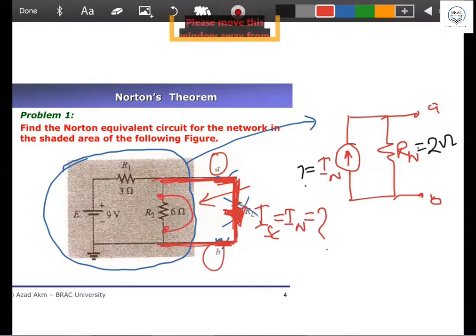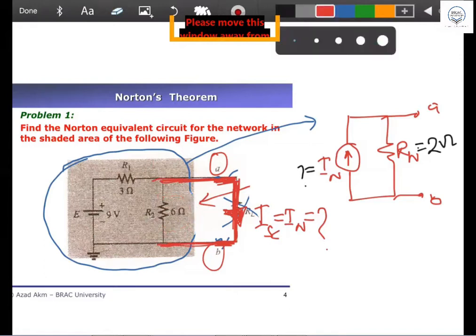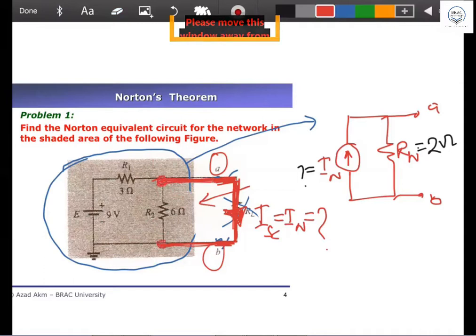Will there be any current flow through the 6 ohm resistor? No, sir. Right, because it is short circuited. The 6 ohm resistor is short circuited, so it is redundant. It is dead because no current will flow through the 6 ohm resistor.